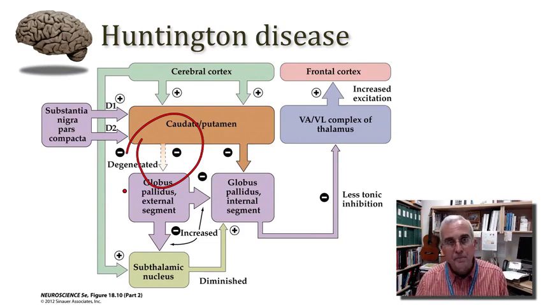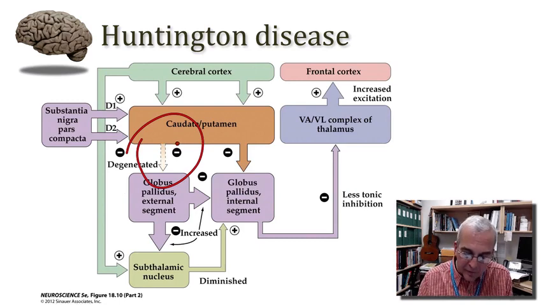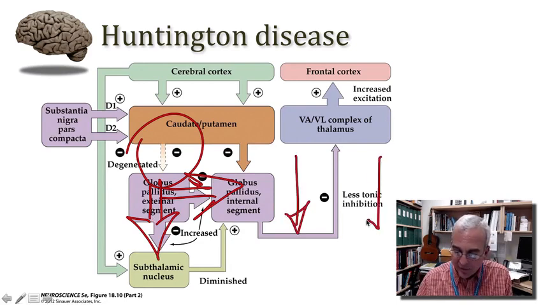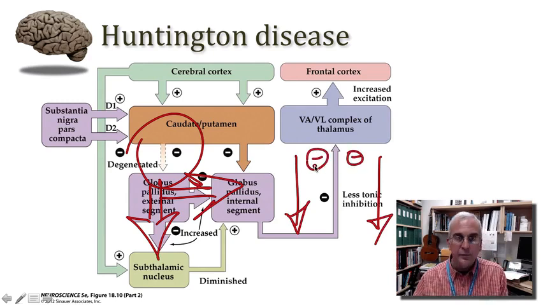So this means that we lose the ability to suppress movement in the following way. With the loss of this inhibitory projection, now there's way too much activity coming out of the external segment of the globus pallidus. That is going to lead to a dramatic reduction in the amount of inhibition that is being expressed by the internal segment of the globus pallidus in the motor thalamus.